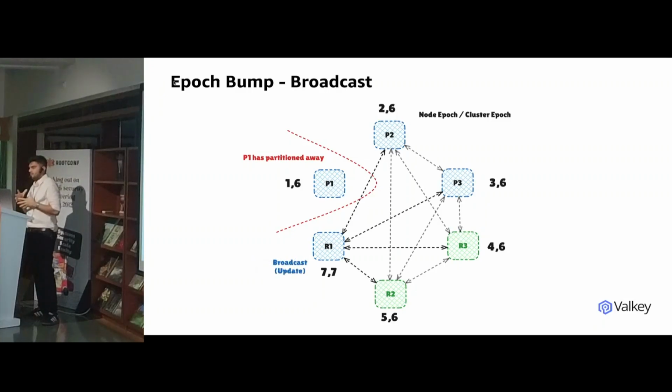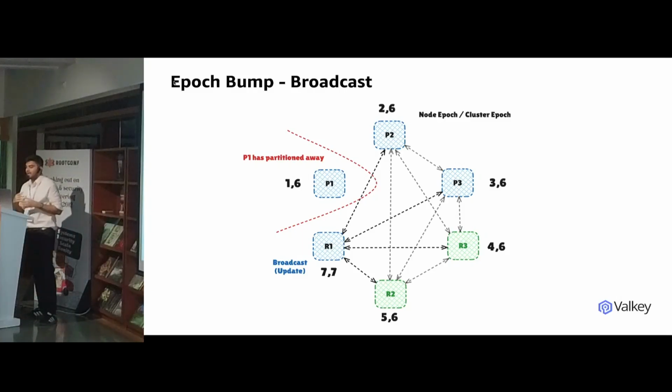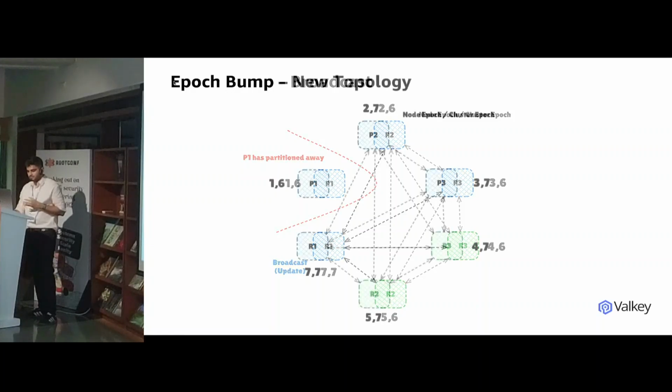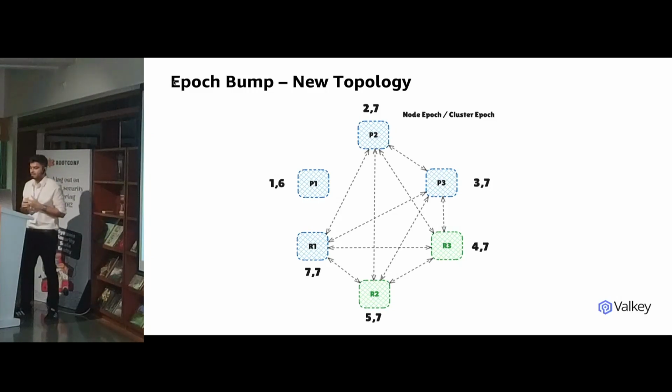Once the epoch bump goes through, this needs to be broadcasted to all other nodes so that they know that the max cluster epoch is 7 now, and no other votes could happen for 6 anymore. Once this information gets broadcasted, it is passed on to all nodes, and they update their topology that R1 is the new primary for that particular shard, and they could handle client redirection correctly again.